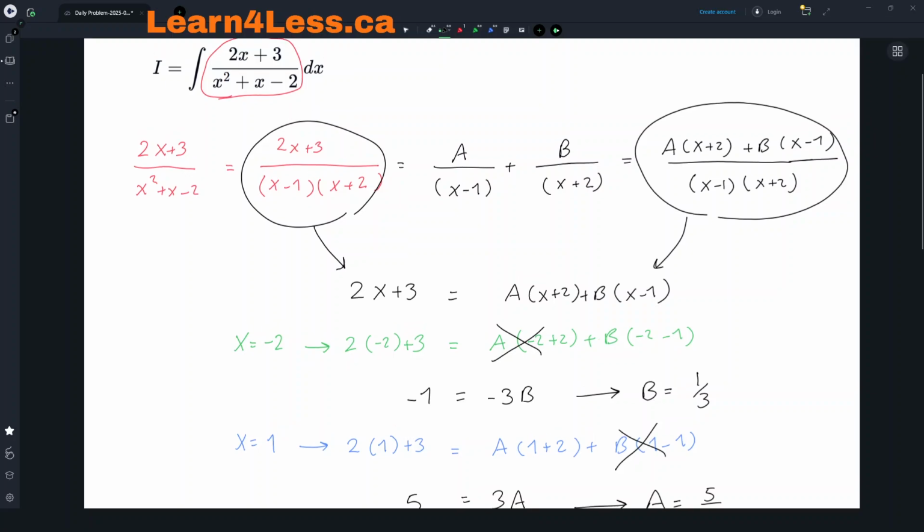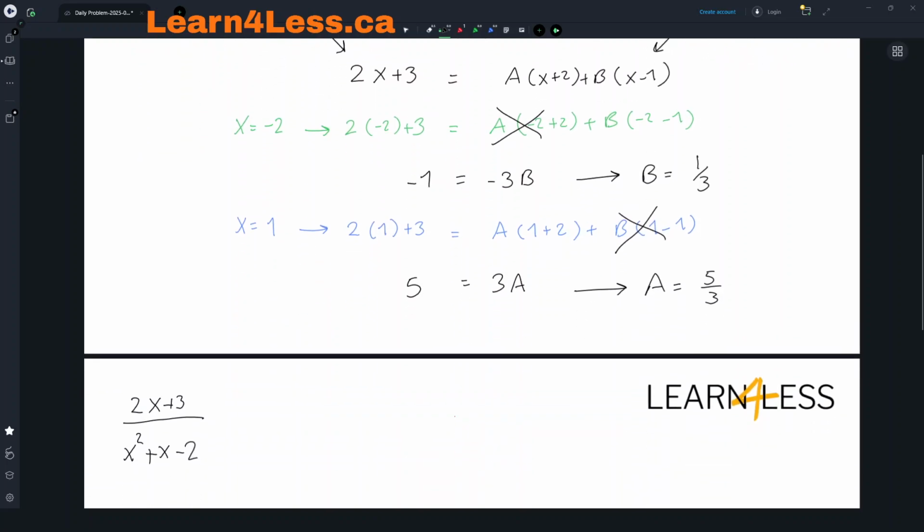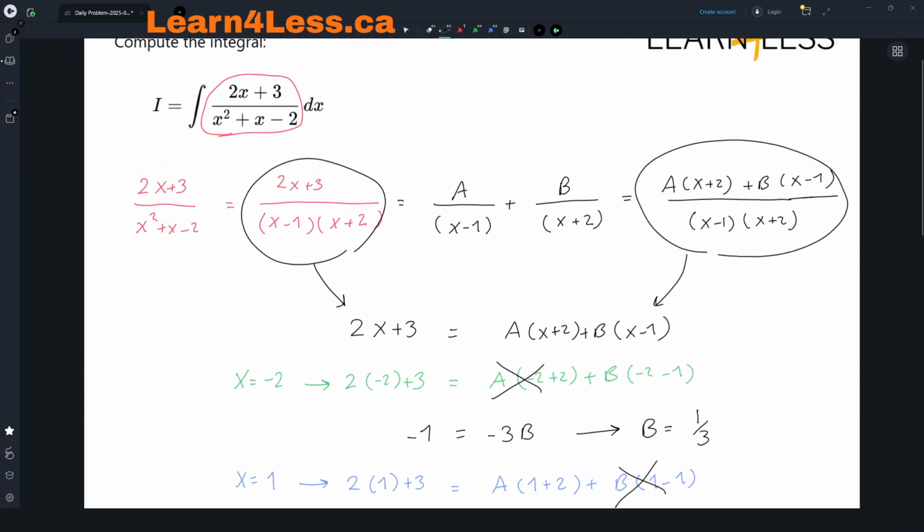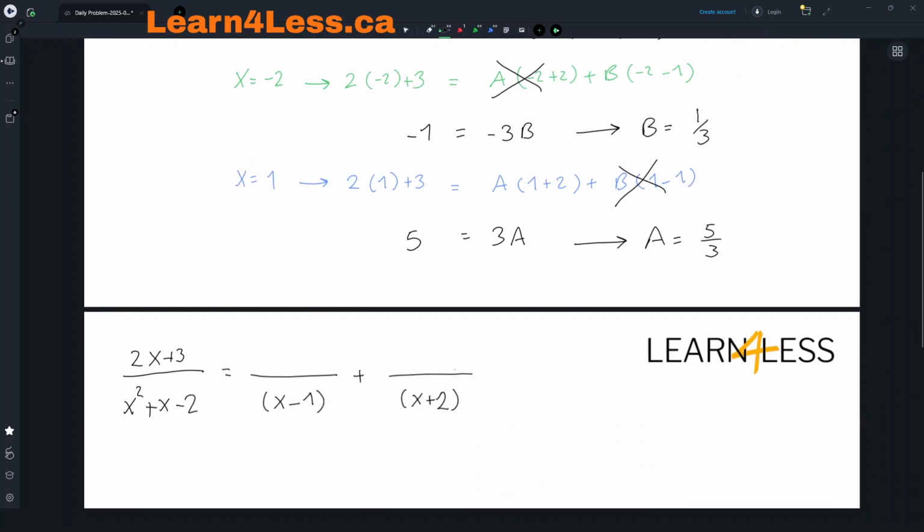So this original function that we started with, I can now write as a summation of two fractions. One of them has a denominator x minus 1 and the other one has x plus 2. The one whose denominator is x minus 1, the numerator is a, and I already know what a is. It is 5 over 3. And the other numerator is b, which is 1/3.